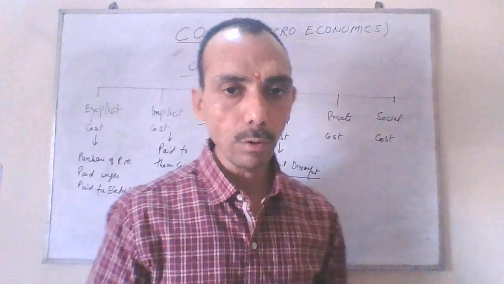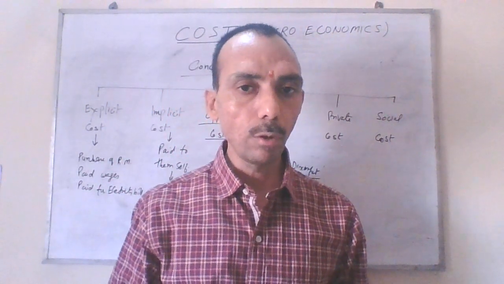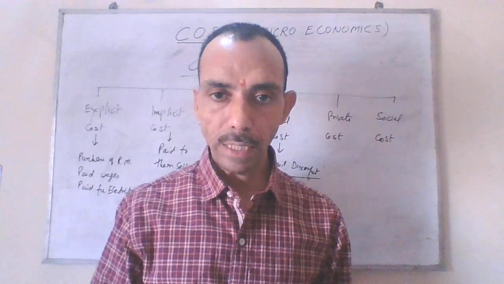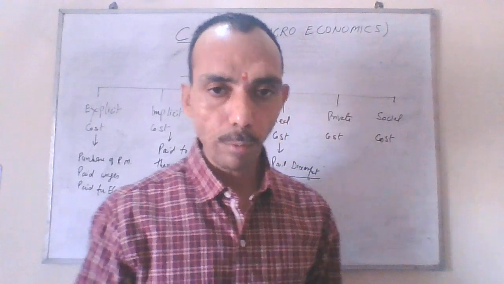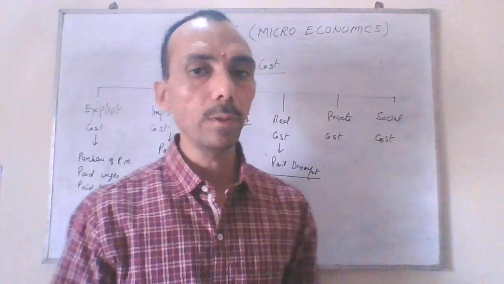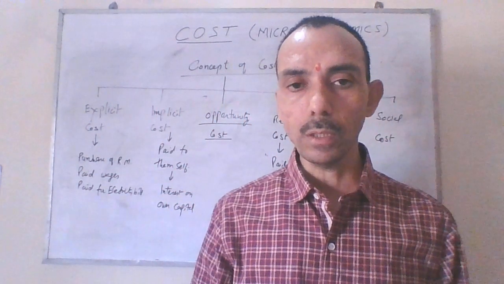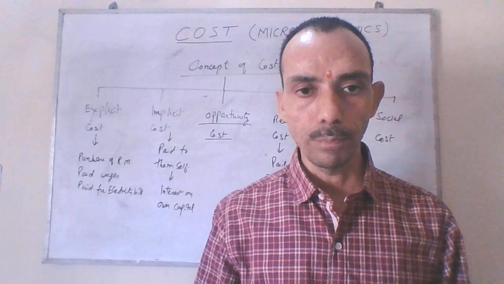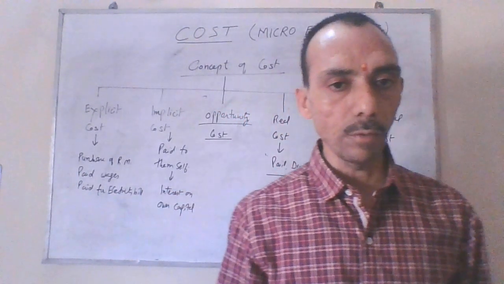Social cost. Social cost is the cost which is paid by those people who do not belong to that particular firm. This cost is paid by outsiders. For example, an industry is creating some pollution, and they drain their polluted water into a river.